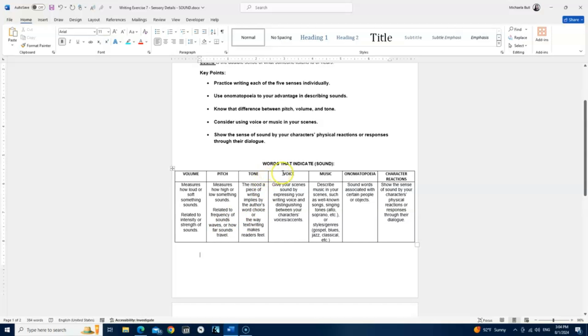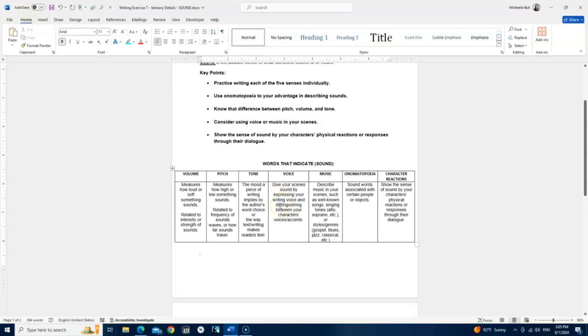In the fourth column, I have voice. Voice can give your scene sound by expressing your writing voice and by distinguishing between characters' voices and their accents. Every writer has their own type of writing voice or writing style. So that's a particular way that writers can add voice to their writing.